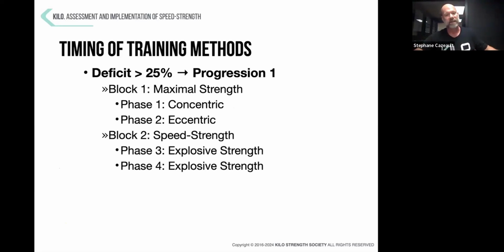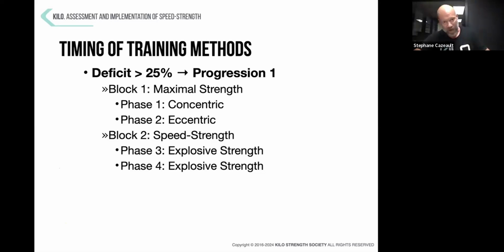So block one for maximal strength, phase one, you would do basic concentric work, making sure you make use of the IMCA concept, intended maximal concentric acceleration. Phase two, you could progress to an eccentric method. Okay, it could be the eccentric hooks, it could be extended eccentrics if you're less advanced. And then block two, phases 3 and 4, you move on to speed strength.